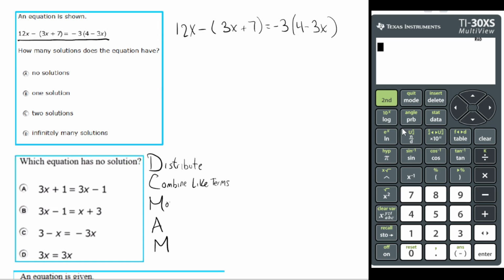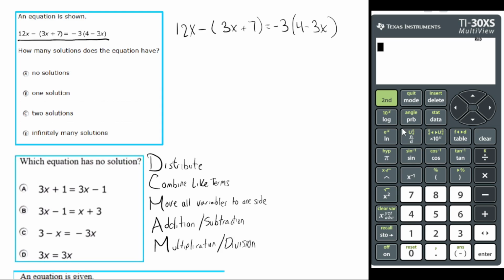Then you move all variables to one side. Then you undo your addition and subtraction. And finally, undo your multiplication and division. Okay, so let's go in step order here.